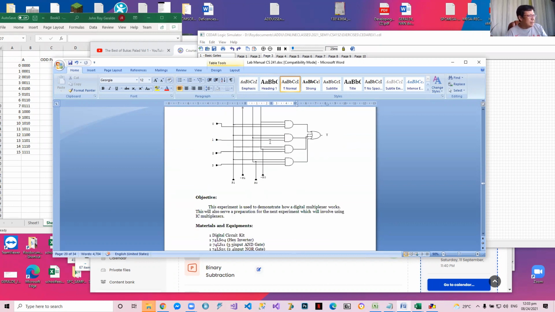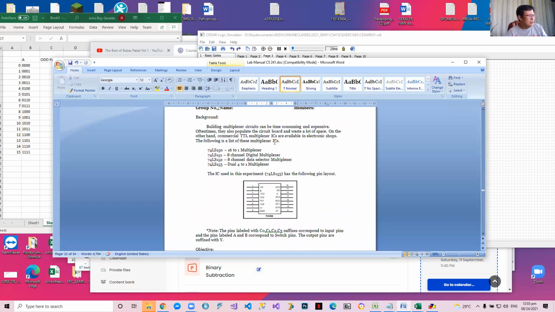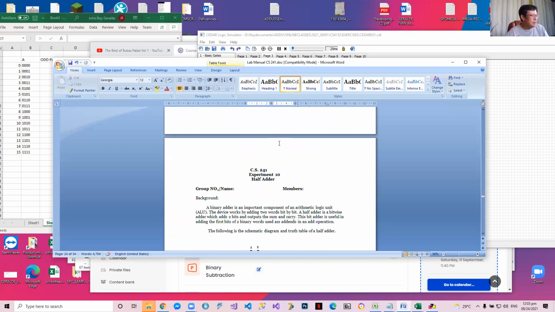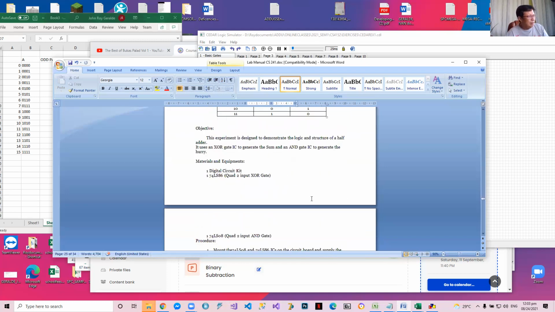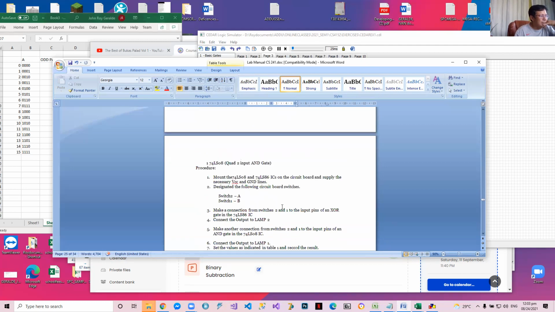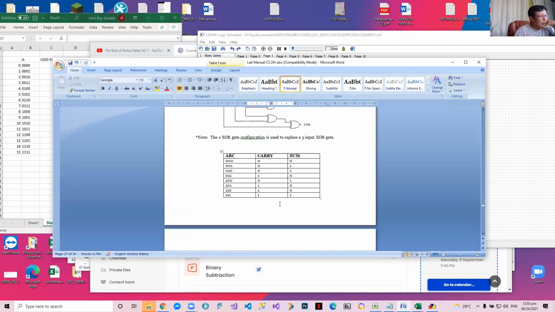We have multiplexers and then we'll have multiplexers ICs. Wala tayong IC sa ano, no? We have a half adder. Okay? Now we also don't have half adders in Cedar Logic. So we have to build the half adders ourselves.